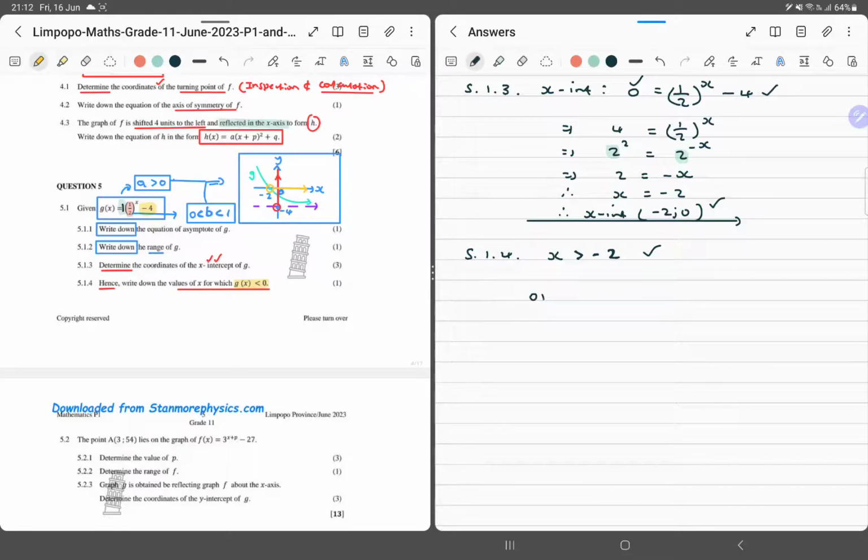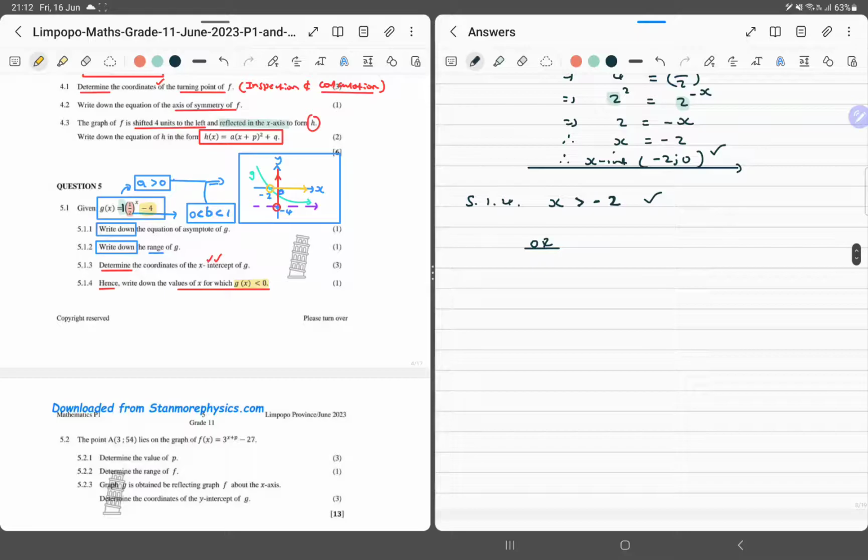Okay, let me show you another technique. Sometimes you don't realize that this is going to work. I mean, you can just solve that thing algebraically. So you can just say g of x is less than 0. This implies that (1/2)^x - 4 is less than 0.